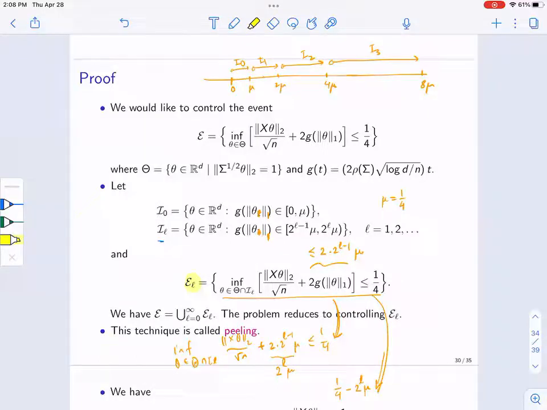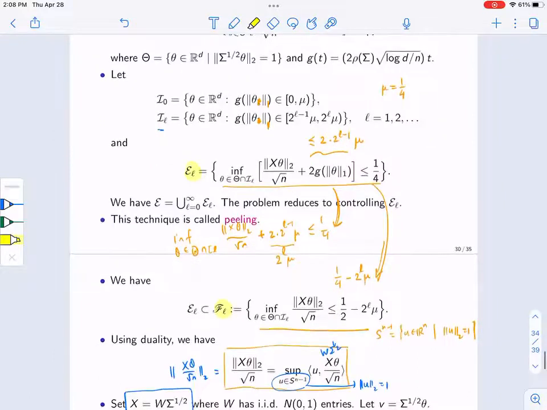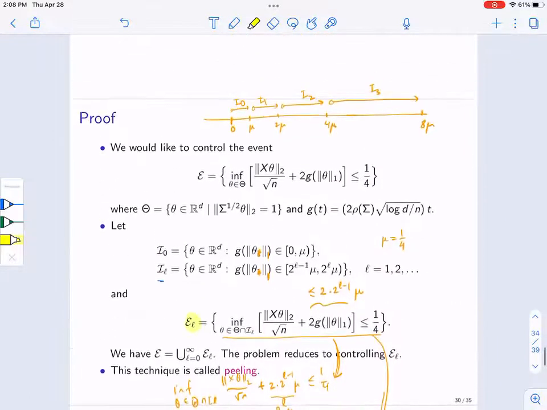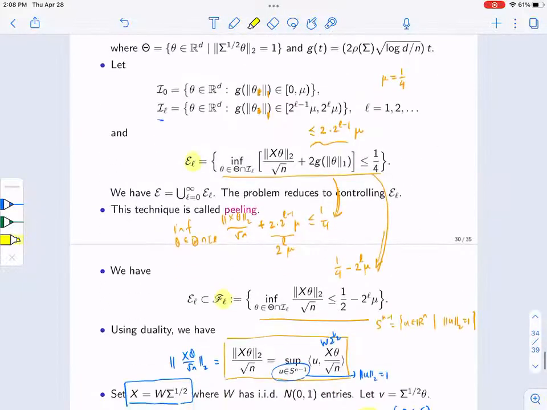And in each shell, we have a tight control of what the norm 1 of theta is. So the first step is that the infimum is less than 1/4 if there is one of these L's intersect with Theta, over which the infimum is less than 1/4. So we wrote the event of interest as the union of these smaller events.